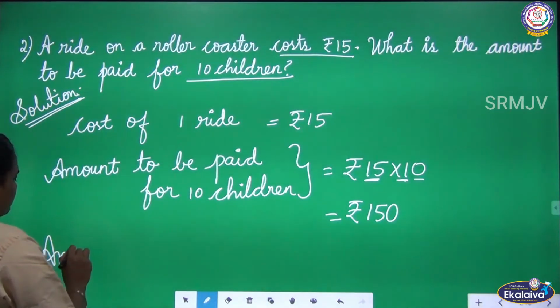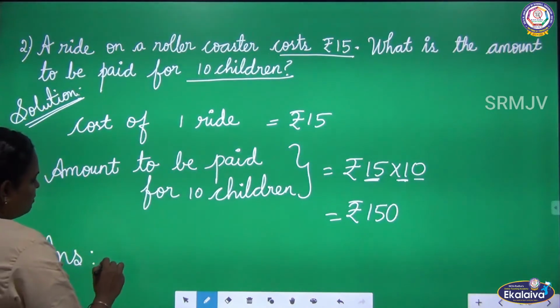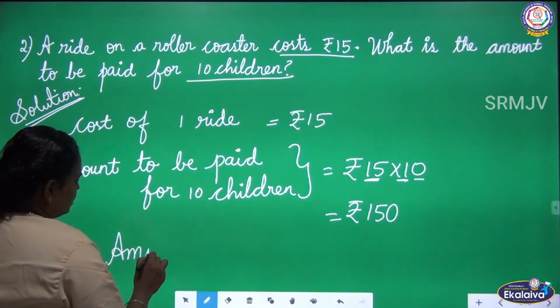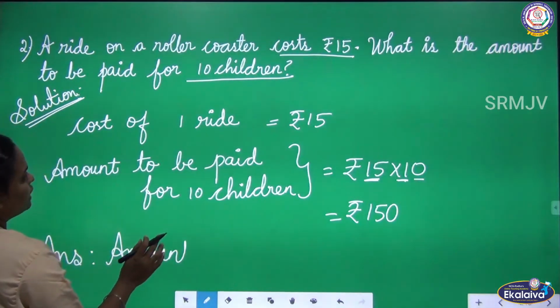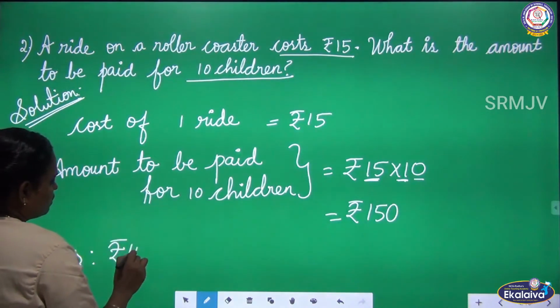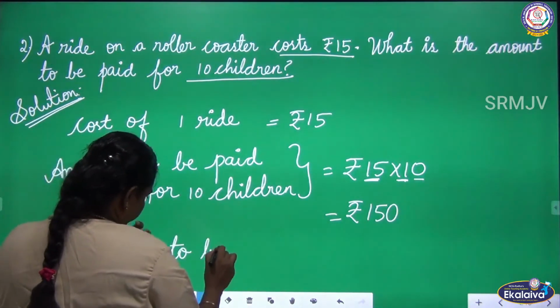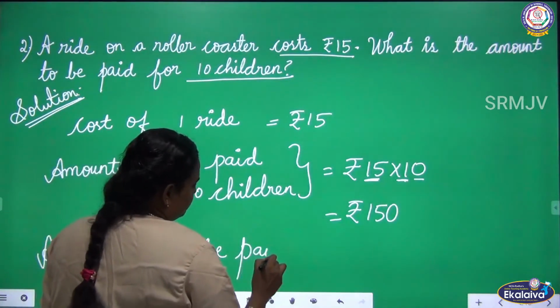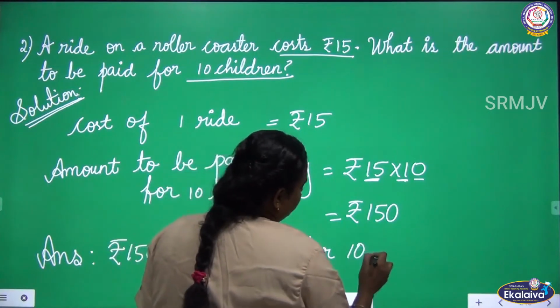So you write the answer: rupees 150 to be paid for 10 children.